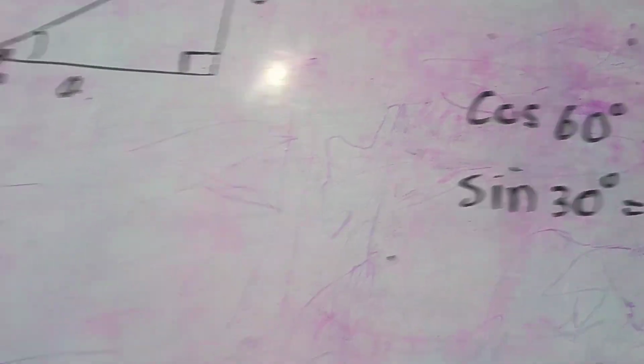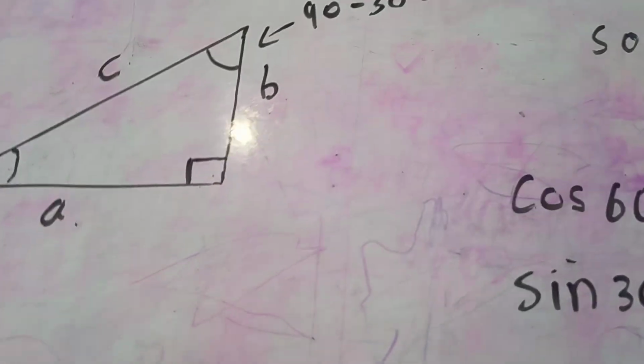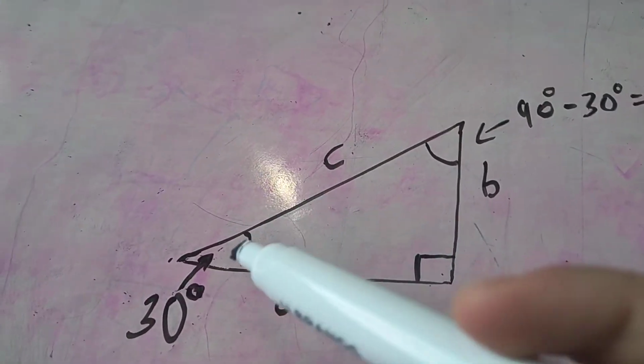Now, sine of 30 degrees: the sine of an angle is equal to opposite over hypotenuse. What would be the sine of this angle?